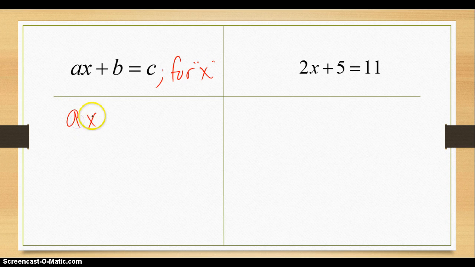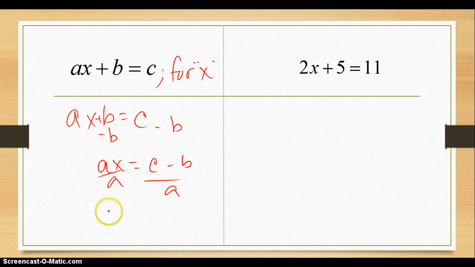We have ax plus b equals c. We'd subtract b first, so we have ax equals c minus b. Divide by a. We know that x equals c minus b over a.